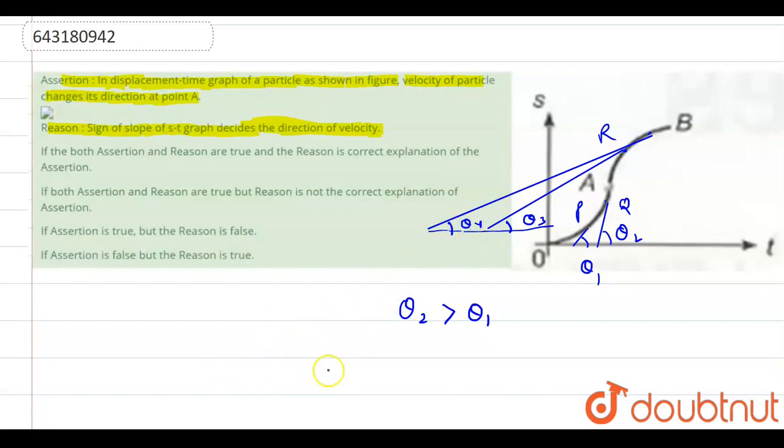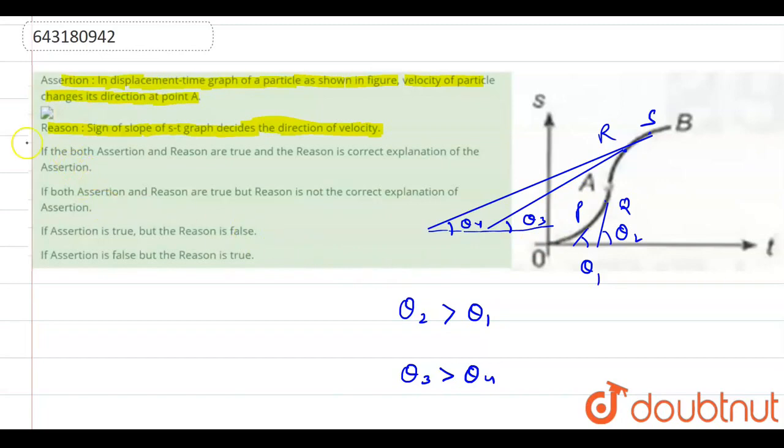Here theta 4 is less than theta 3, or we can say theta 3 is greater than theta 4. So moving from point R to S, the slope is decreasing. That means velocity is decreasing, because the slope of the graph gives us the velocity.